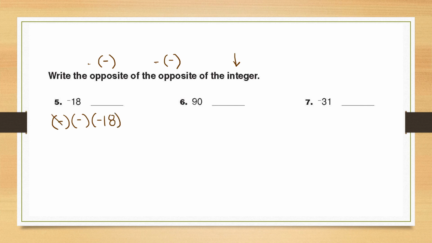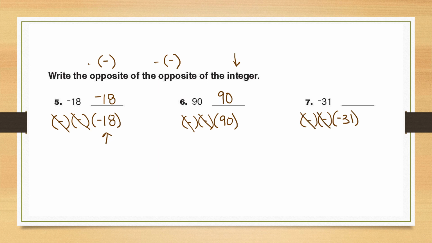We know that two opposites cancel each other out, which leaves us with our original integer, -18. The opposite of the opposite of the integer 90: two opposites cancel each other out, which leaves us with 90. And the opposite of the opposite of our original integer, -31: two opposites cancel each other out and leaves us with our original integer, -31.